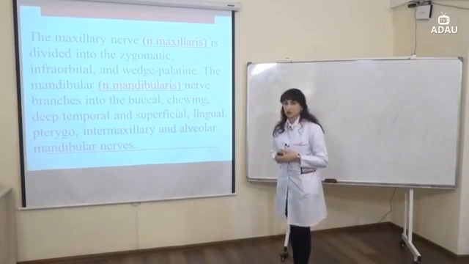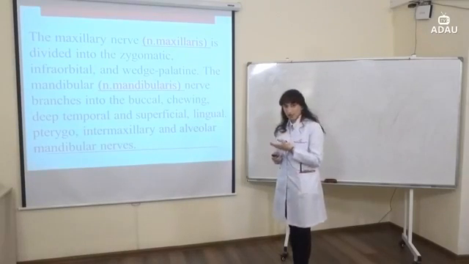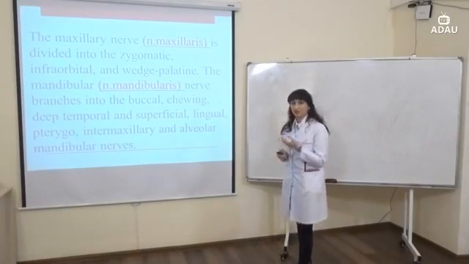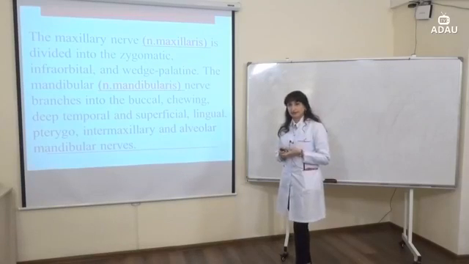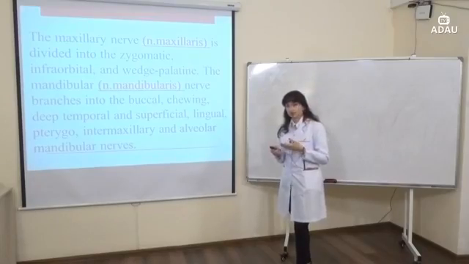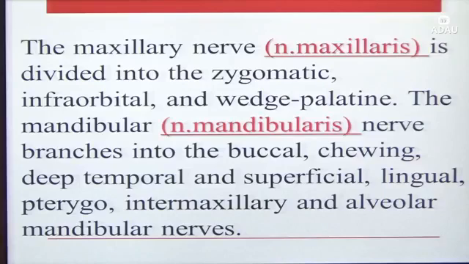The maxillary nerve divides into the zygomaticus, infraorbital, and wedge palatine. But the mandibular divides into buccal, this is for the chewing muscles, deep and superficial muscles, lingual, pterygo, and anterior alveolar mandibular nerves.